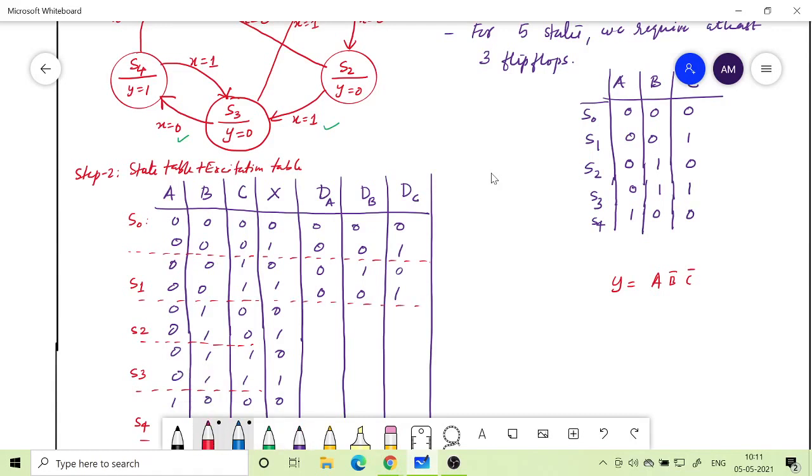When I am at S1, if x equal to 0, I should remain at S1, otherwise I should go to S2, which is 0 1 0. Now when I am at S2, if 0 comes, I should go to S0, which is 0 0 0. If 1 comes, I move to S3, which is 0 1 1.